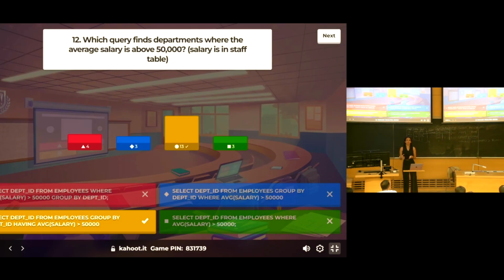From identifies from which table or tables you want to collect data. In this case, we are only selecting from the staff table because everything that we want exists in the staff table. If the information we want exists in more than one table, what should we do? Join. We join tables, right?